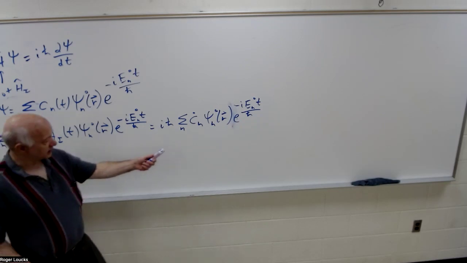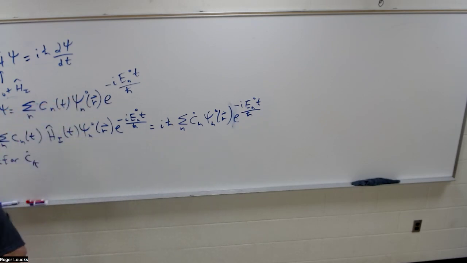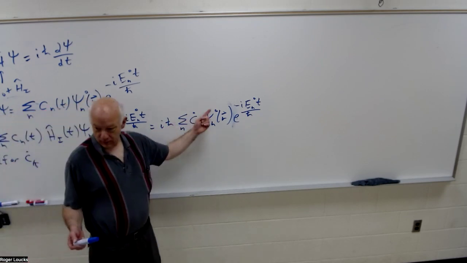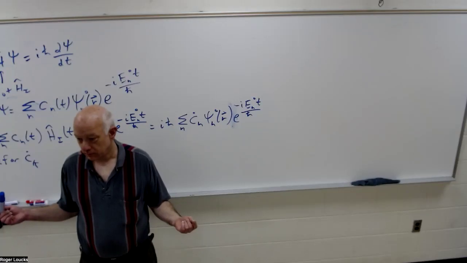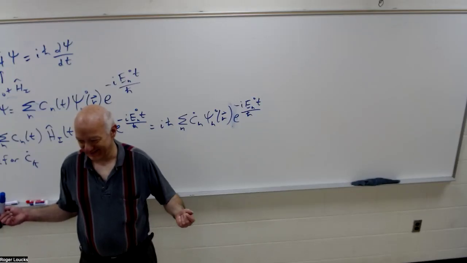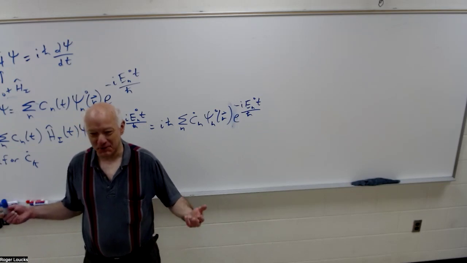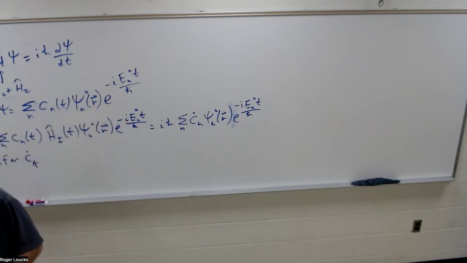The standard trick: if I want to solve for the kth term, multiply both sides by psi k naught star and integrate. And when we do that, what are we using? Orthogonality.